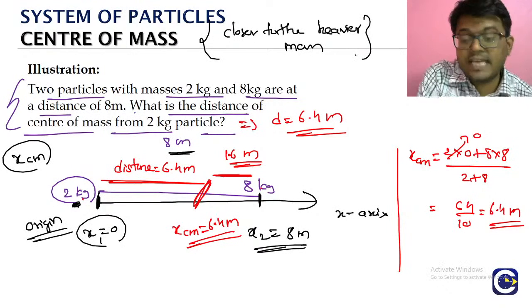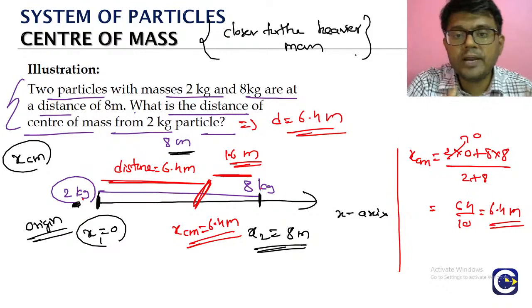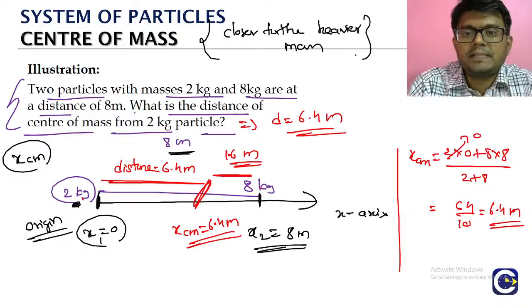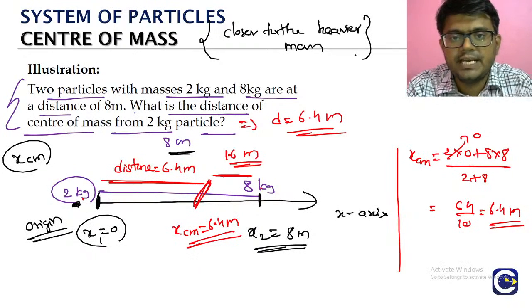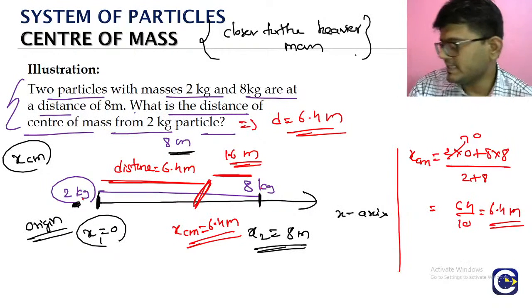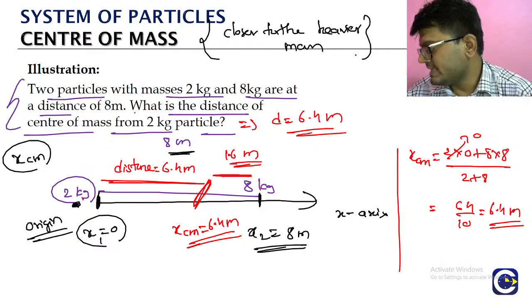Observe this result carefully. The distance of the center of mass from 2 kg is 6.4 meters. The distance from 8 kg is 1.6 meters. Means the center of mass of two particles will always be closer to the heavier one. So this is an important result. Just make a note of it.